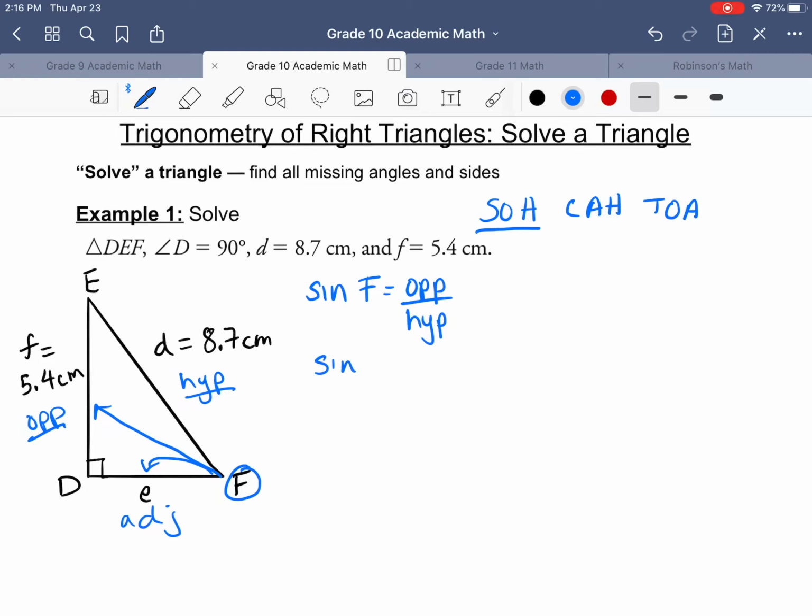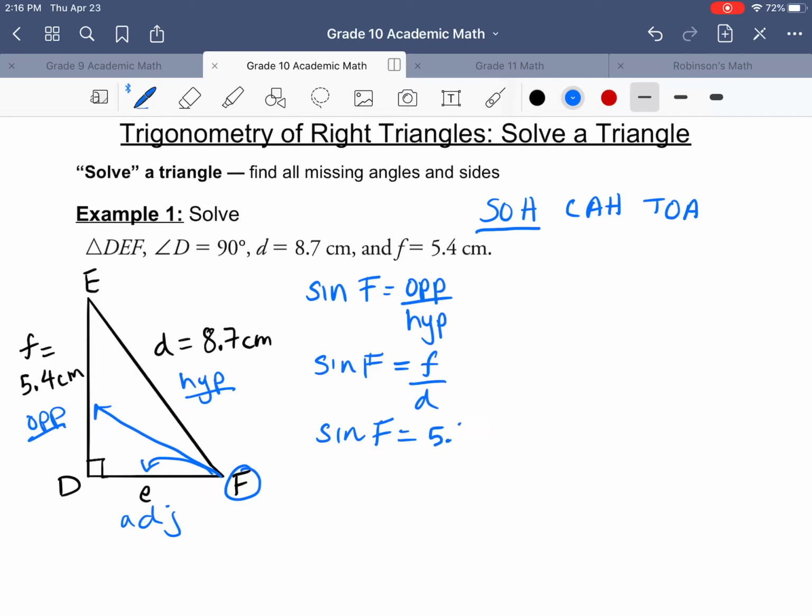And sine of F is equal to little d. Oops, that's incorrect. So sine of angle F is equal to little f over little d. Now we're going to put in the information that we have.